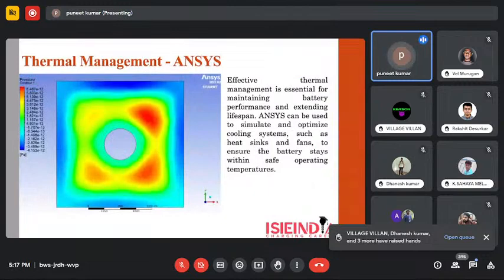Right. In the heat transfer analysis, there is a part that is thermal management that we generally do in the ANSYS. So in this picture, you can see this hollow that you see is the cell. For this, I have taken the cell heat as 250 Kelvin.